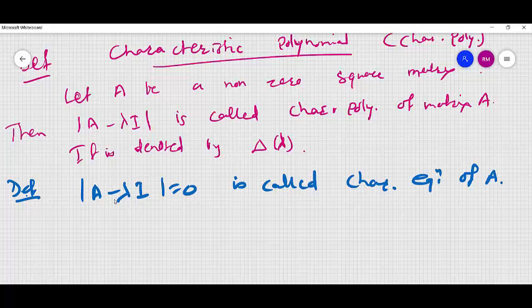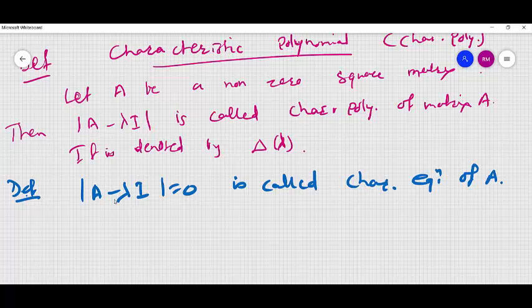Note that roots of the characteristic equation of A are precisely the eigenvalues of A, and eigenvectors of A corresponding to eigenvalue lambda of A are obtained by solving the homogeneous system (A minus lambda I) x equal to 0. And A has, as we already know, at most n distinct eigenvalues. These are some remarks.